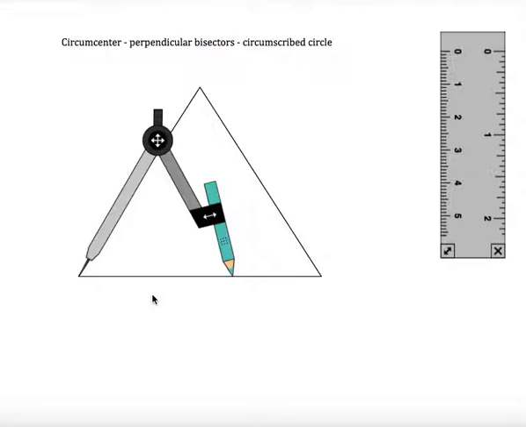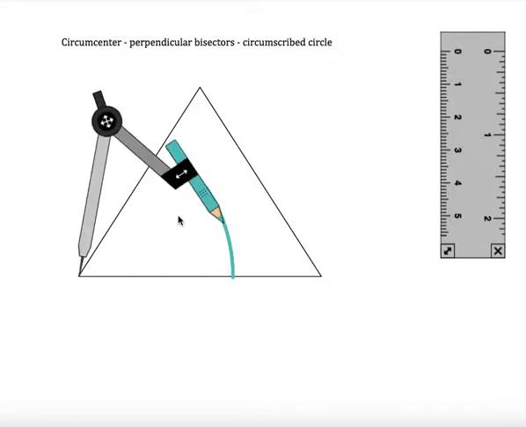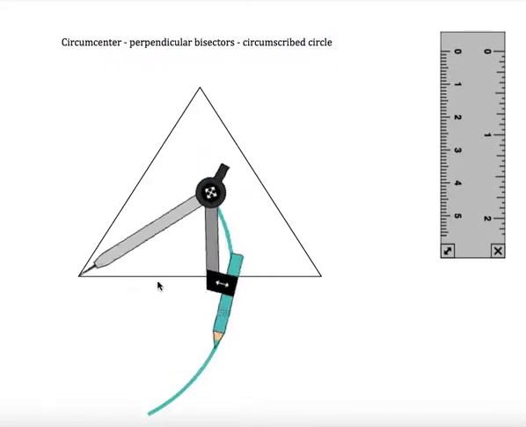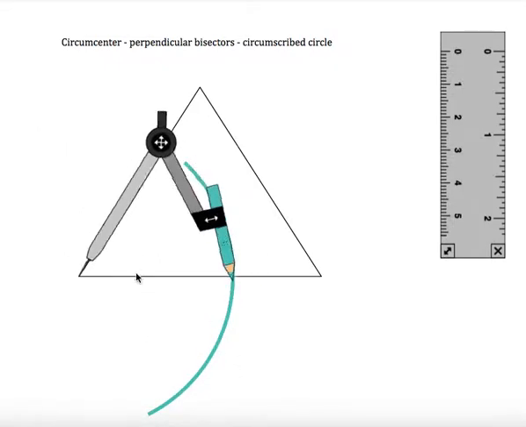So to create a perpendicular bisector, once you have your compass over halfway, you're going to create an arc, and it's going to go above and below.